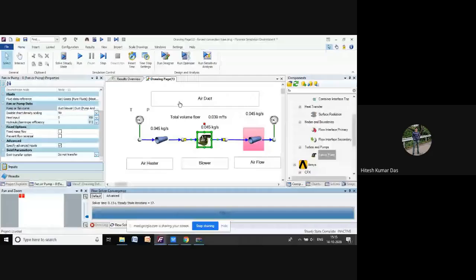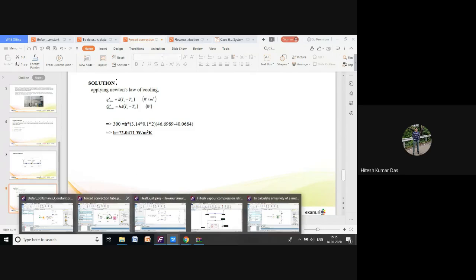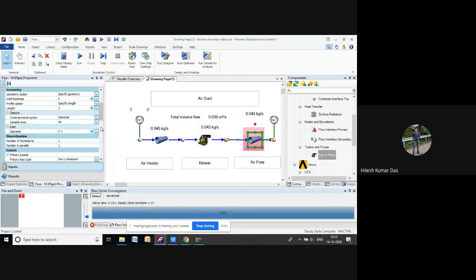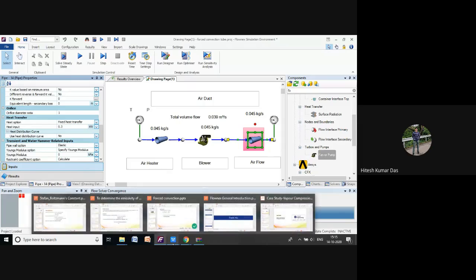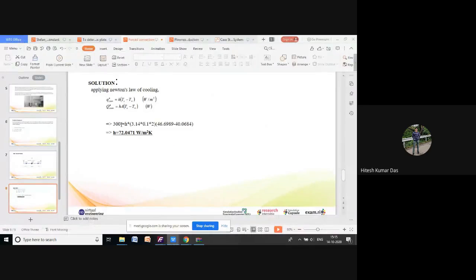So for that I need to open this one. I have to go to solution. Here we are using Newton's law of cooling, which is nothing but Q equals H A delta T. Q we are specifying as 300 watt, meaning here you can see the heat input we have assigned as 0.3 kilowatt, which is 300 watt.